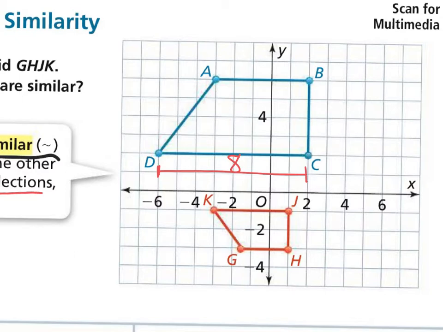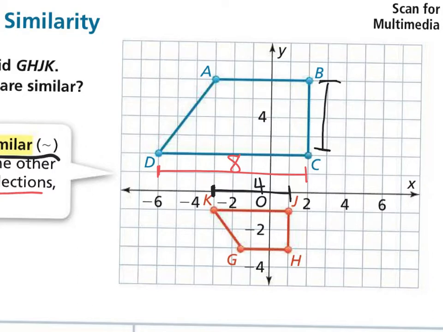And it looks like one is flipped over. On this other figure, they didn't use primes or anything. On this other figure, we're going from -3 to 1, so that's a distance of 4. So we've got 8 and we've got 4.